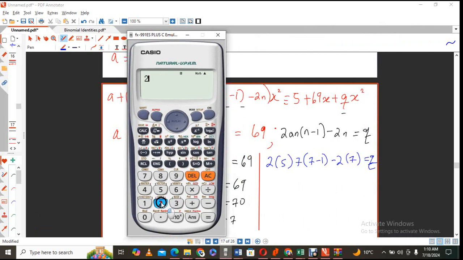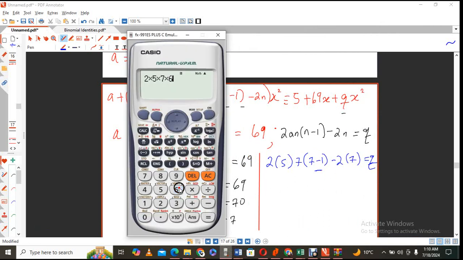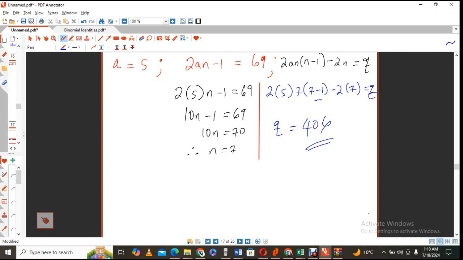So that is 2 times 5 times 7 times 6, minus 2 times 7. What is q? Q is 406. Now we can actually answer our question. Therefore a is 5, n is 7, and q is 406.